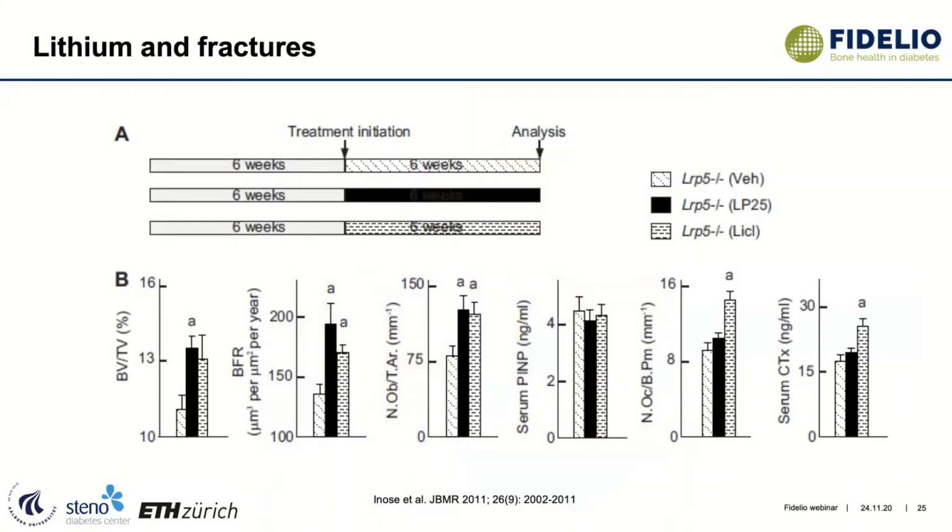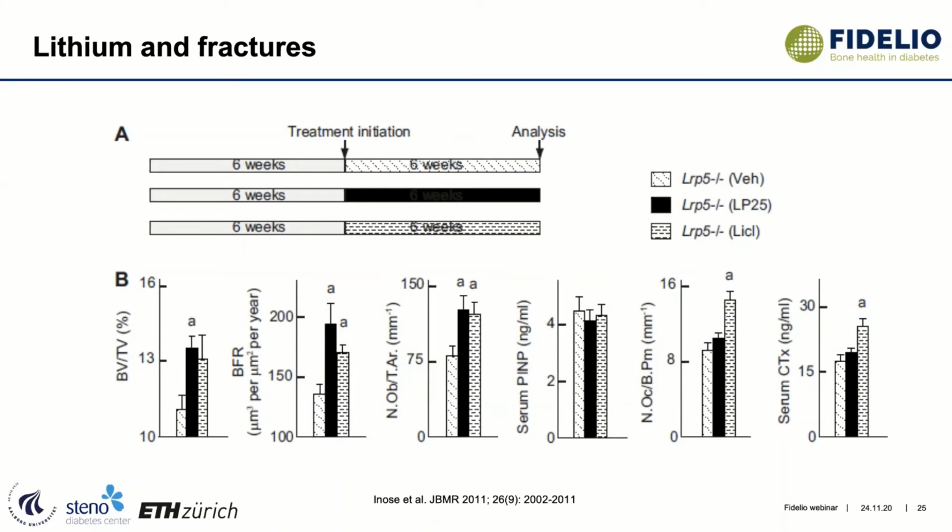This is from an in vivo study where you've made a knockout model. Up in panel A, you have shown, first we have these 6 weeks of initiation, then we initiate treatment, and then we analyze this mouse model. They removed some bone from it. It's a knockout where you removed LRP5.